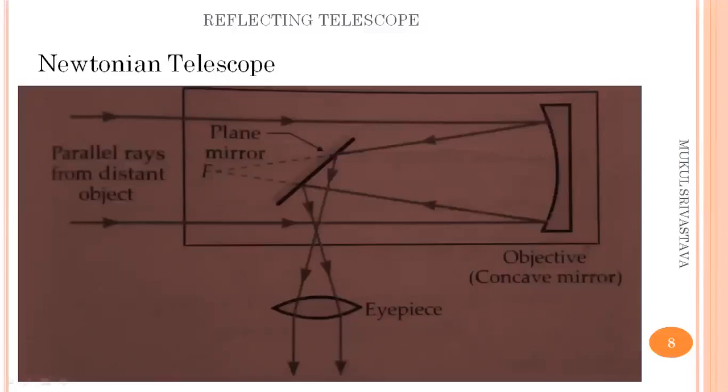A beam of light from a distant star is incident on this objective. After reflection, these rays are focused at F. A plane mirror inclined at an angle of 45 degrees reflects the rays towards the eyepiece.